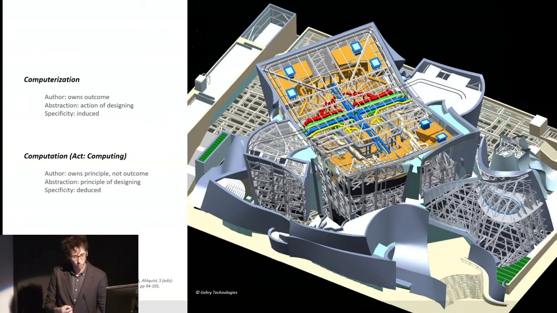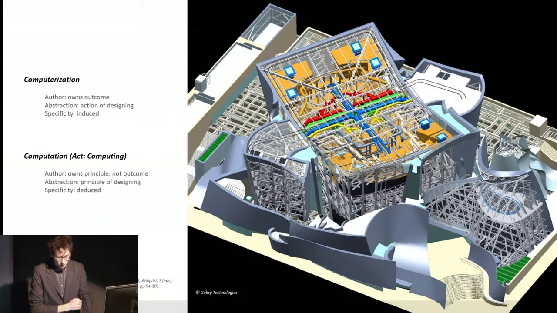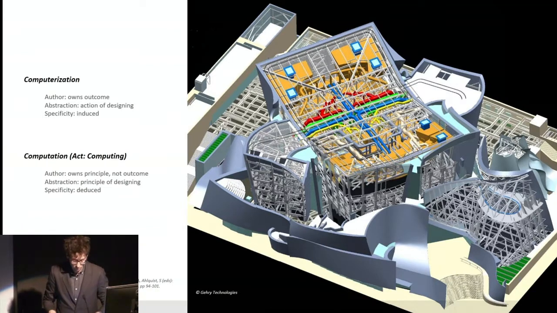You own, as an author, the outcome, the final design of the product, and computation does something else. In computation, you are the author of the algorithm, of the process or even of the principle that generates the outcome. That allows you to produce many, many outcomes, hundreds and thousands of iterations, that you can then evaluate and choose the best one, the one with the most advantages in terms of whatever parameter or evaluation criteria you want to apply to it.